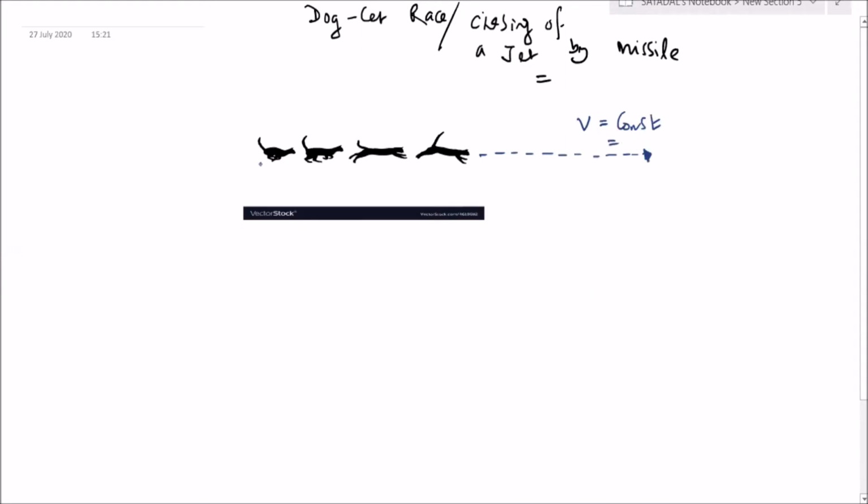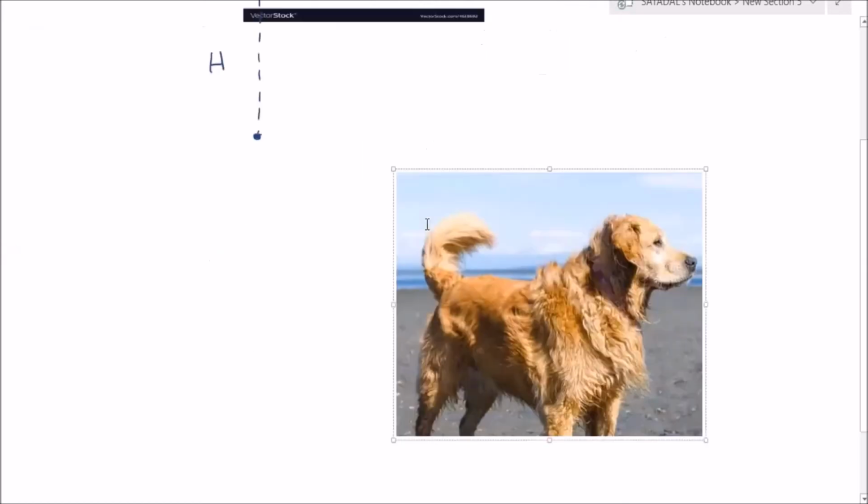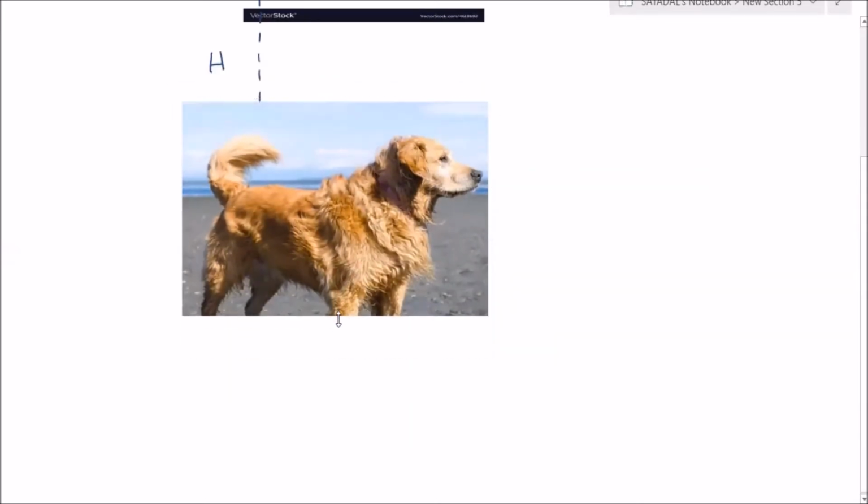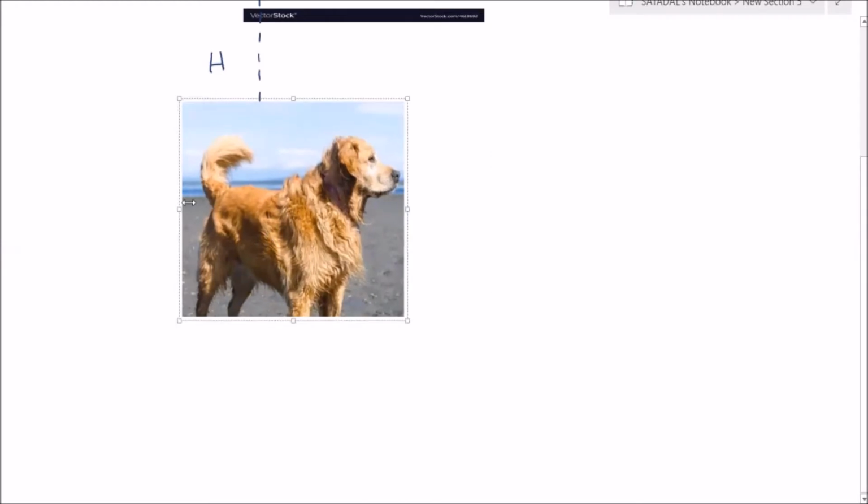Now, exactly at a distance d, or h, away from here, a dog was initially sitting very peacefully like this. He was watching all this nonsense happening for quite a long time, as they generally do. Yes, there is Mr. I don't know much about this, but this is a golden retriever, right?